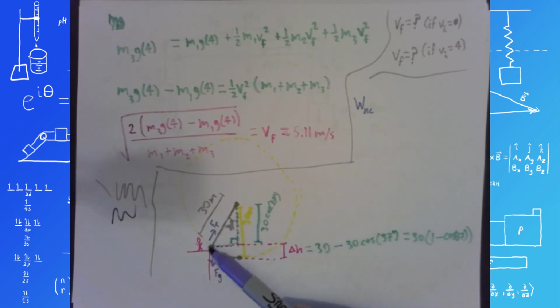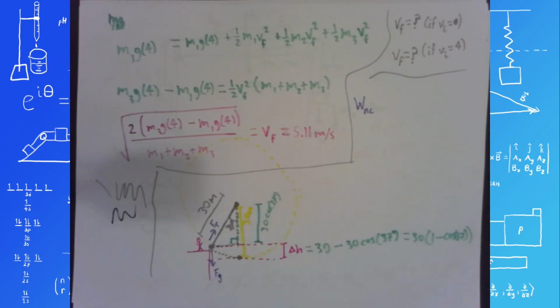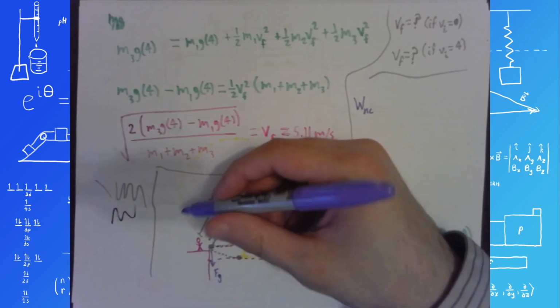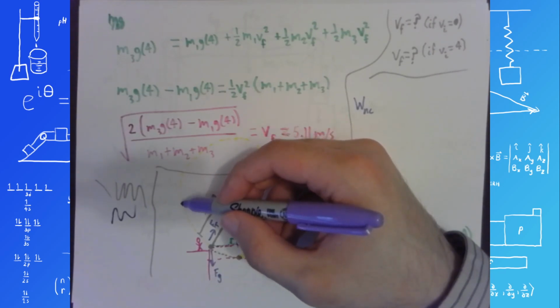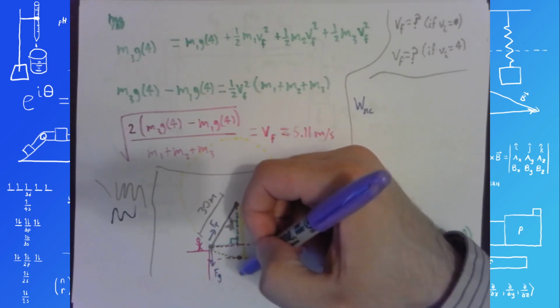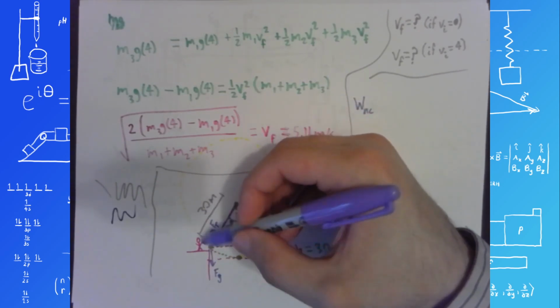Okay, so force of tension acts parallel to the rope, and when you're swinging on a rope or a vine, you're going to be moving tangent to the arc of the circle traced out by that vine or rope as you swing along it.